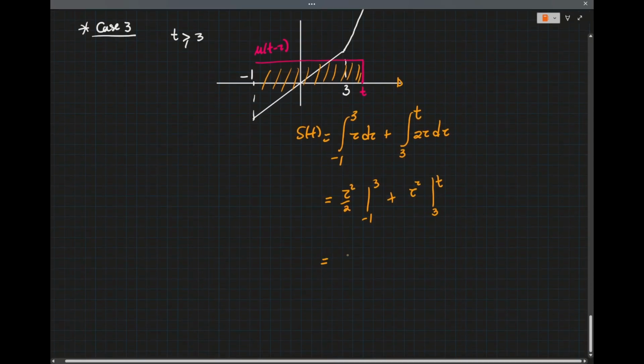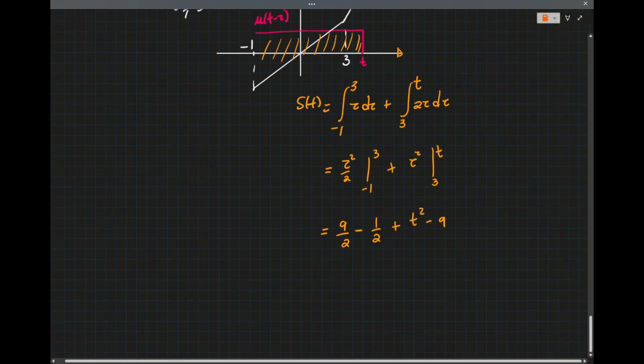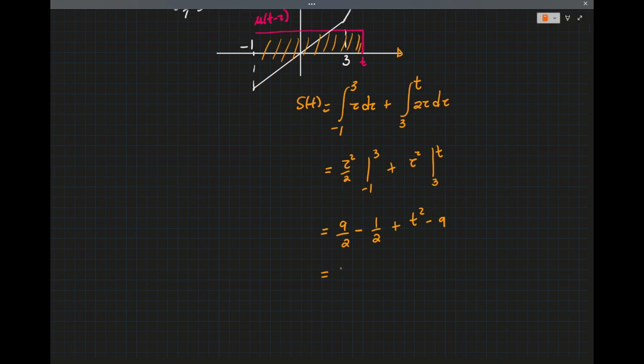So this gives me 9 over 2 minus 1/2 plus t squared minus 9. So this is 8 over 2, which is 4, minus 9 plus t squared. So that's t squared minus 5.